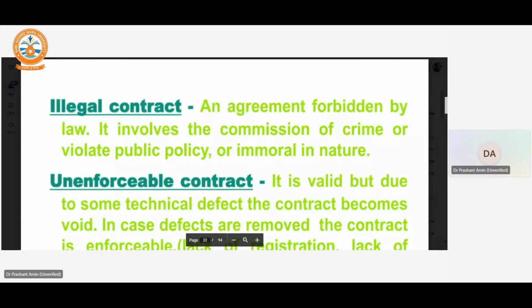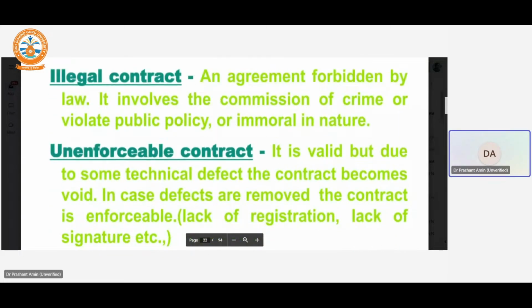Illegal contract, an agreement which is forbidden by the law. The provision is not described in the law, that is an illegal contract. Whatever is written in the Contract Act 1872, and the party is entering into a certain kind of illegal activity.